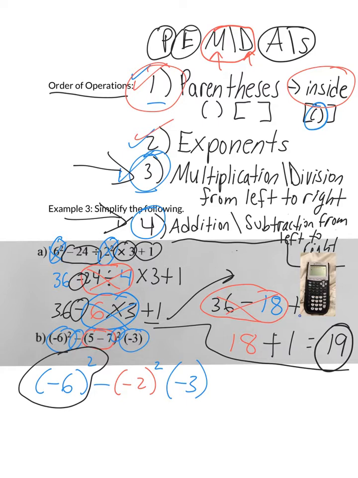Because when it's inside the parentheses like we have here, we're going to square the negative sign as well. In other words, the exponent applies to the negative sign when the negative sign is in the parentheses. So this is -6 squared, which means -6 times another -6, which is positive 36. So -6 times -6 for positive 36.